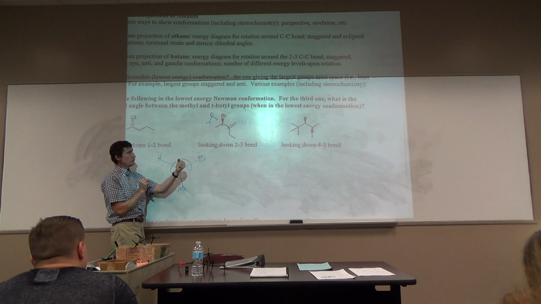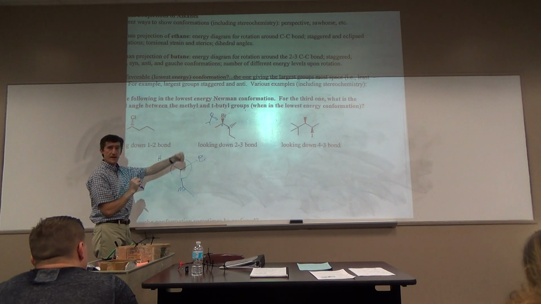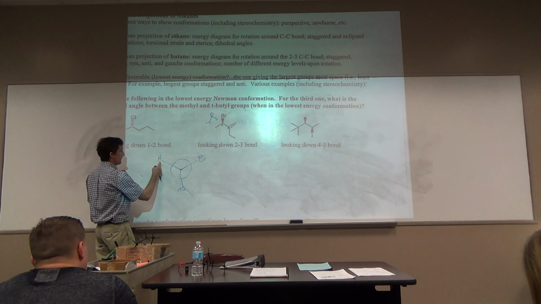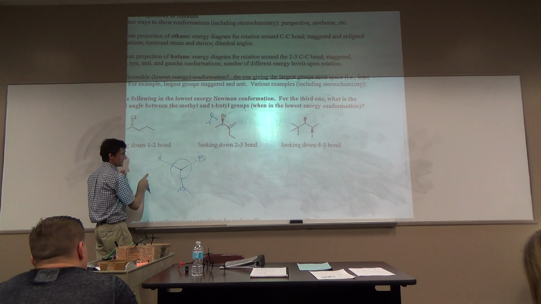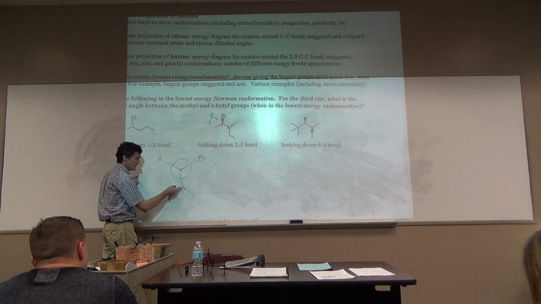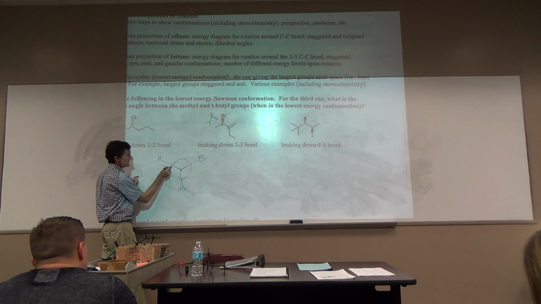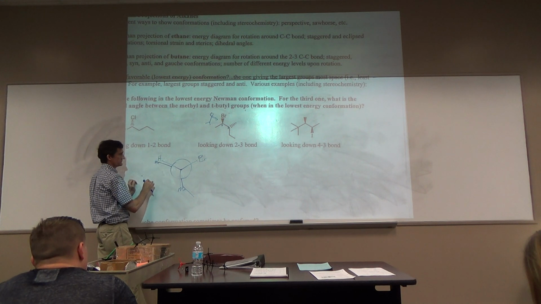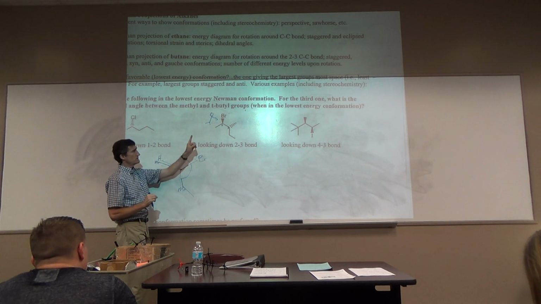Now I see a methyl going up and back, so up and to my left. Well, it's eclipsing that H. Here's one thing to keep in mind. I drew this here a little bit to the right of the methyl, like on a clock dial. So I'm going to draw the methyl a little bit counterclockwise to the H. What else is on carbon 3?